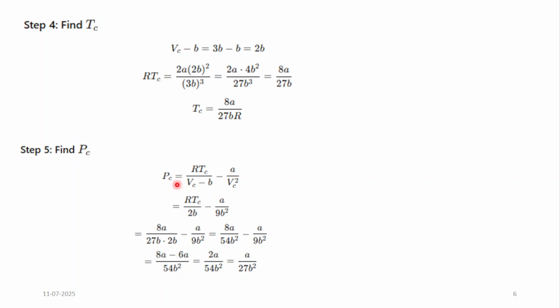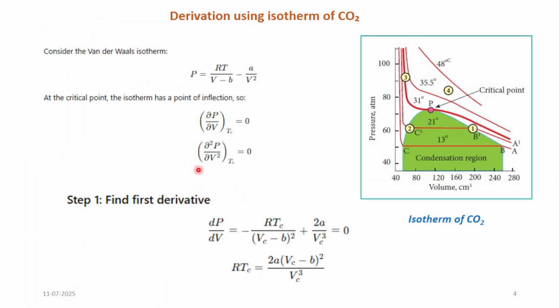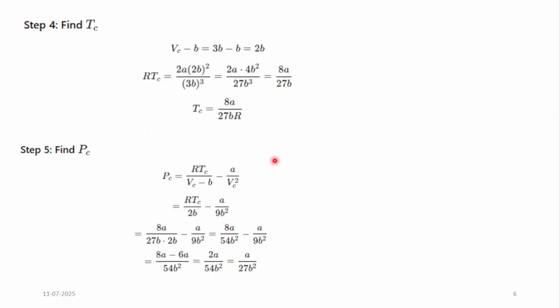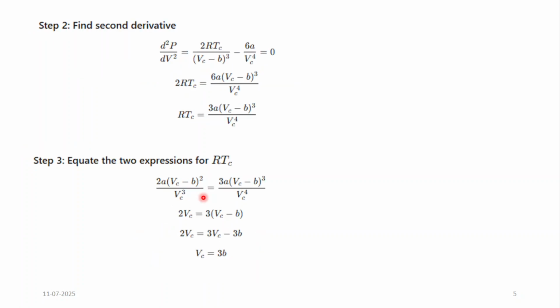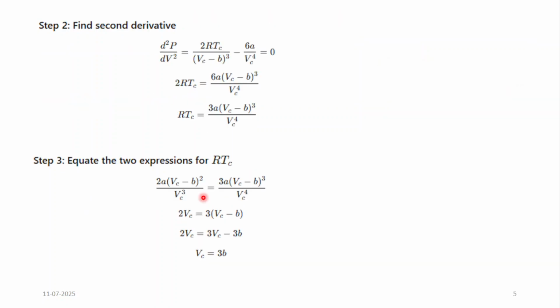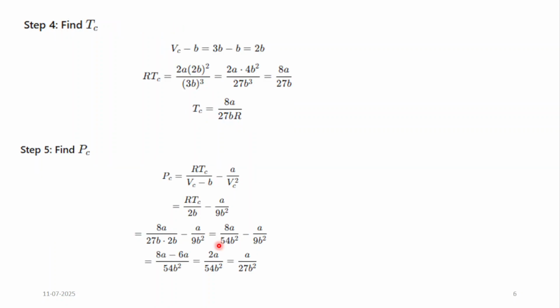To find Pc, you go to the first equation: P = RT/(V − b) − a/V². Put Pc in that, because at critical pressure, Vc − b, where Vc = 3b, becomes 2b, and Vc² becomes 9b², which is (3b)².